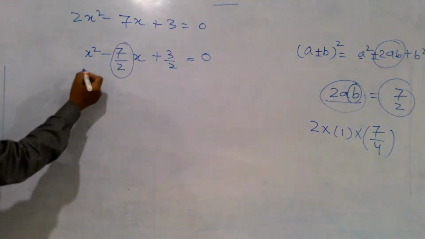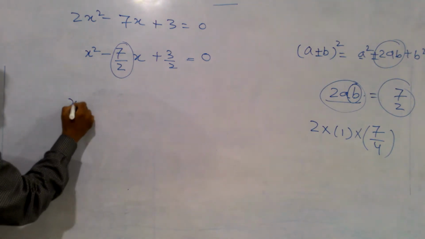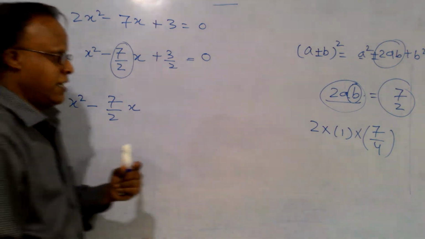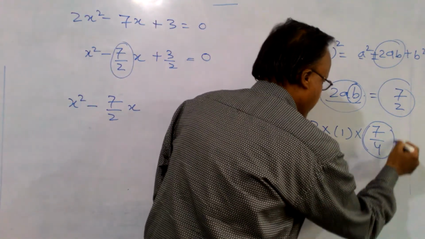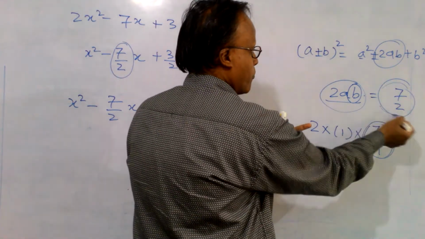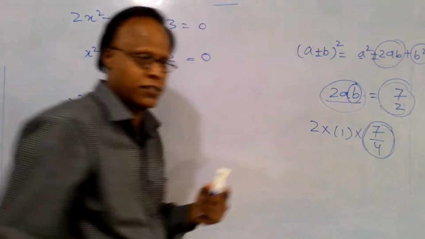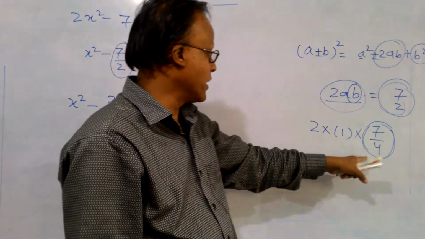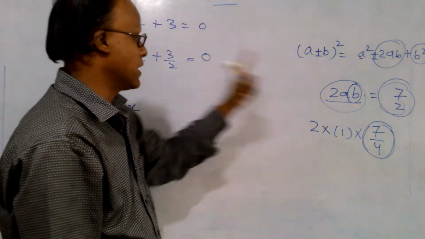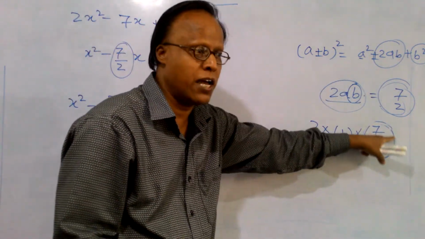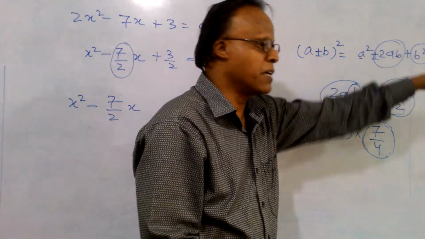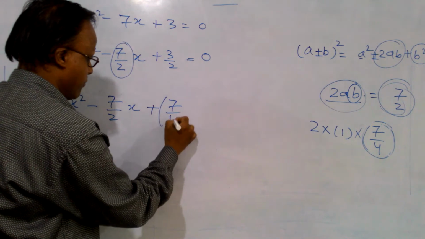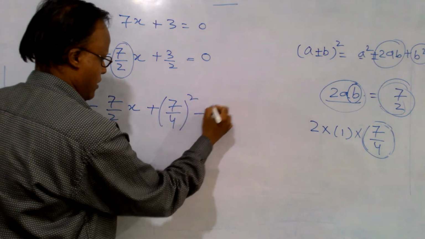So therefore I rearrange this whole equation. x square minus 7 by 2x. I need 7 by 4. So whatever be the value of b, that is here b square. So we need a square of this quantity. In this expression the value of b is 7 by 4, so plus b square. So I add and subtract 7 by 4 whole square.